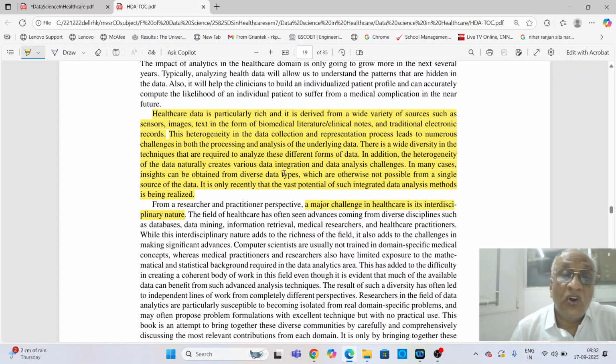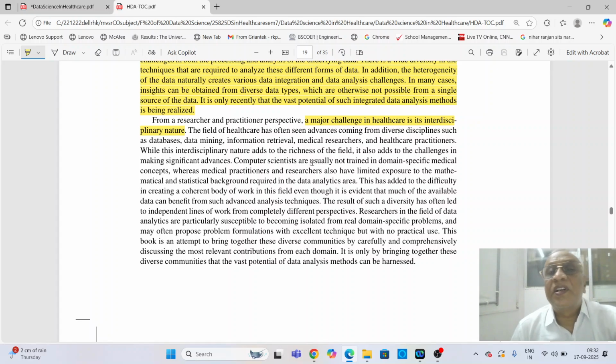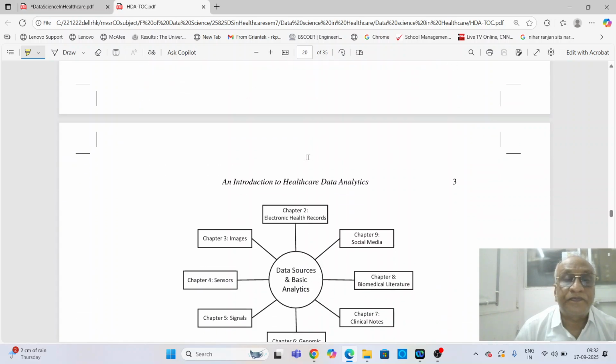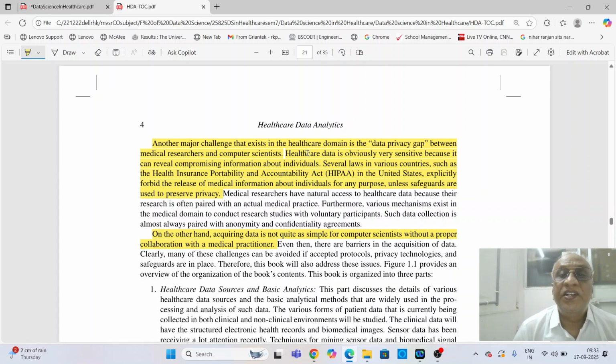We will also be facing data integration and data analysis challenges because of this heterogeneous data. A major challenge in healthcare is that it is interdisciplinary. Another major challenge is the gap in data privacy understanding between medical researchers and computer scientists.